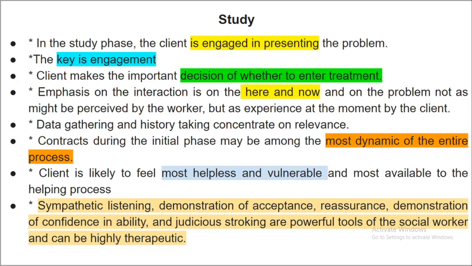You should listen to the person very carefully, and you should show that you are accepting the client, and you have to give reassurance, and you have to demonstrate confidence that you have the ability to solve the problems. These are the important tools of the social case worker, and you should give therapeutic treatment, means you can be highly therapeutic, then only the client will accept you more confidently.